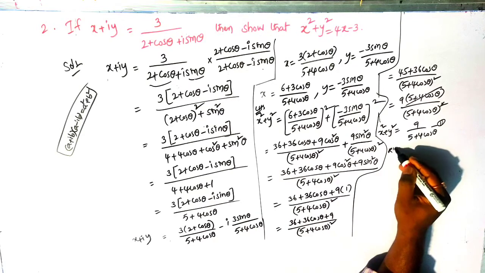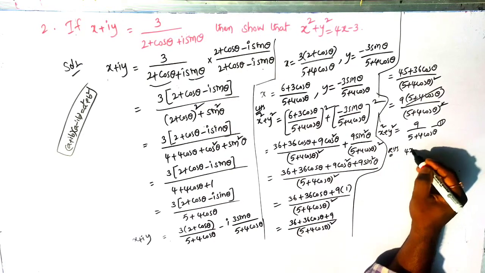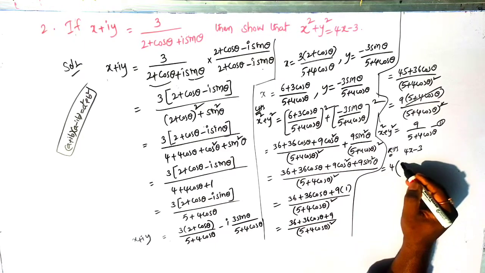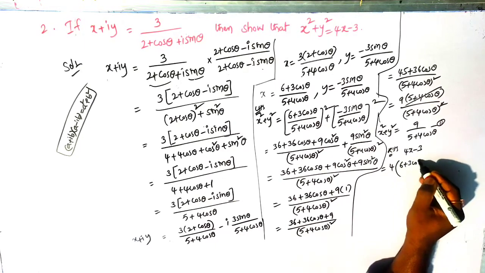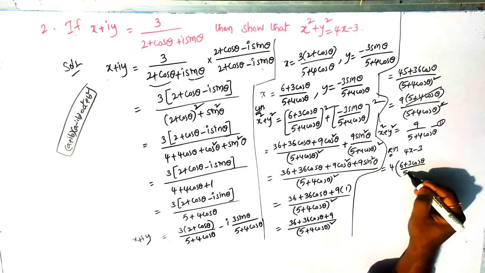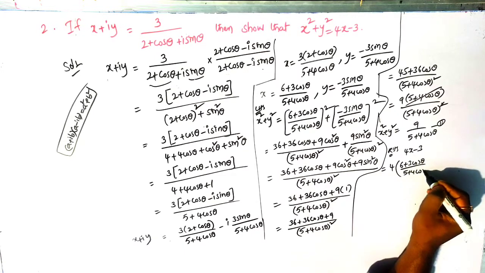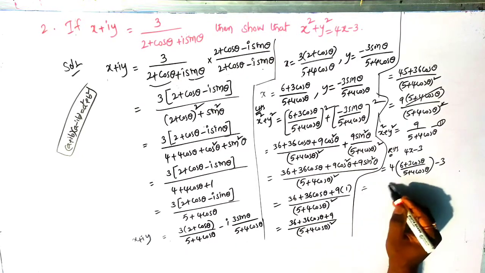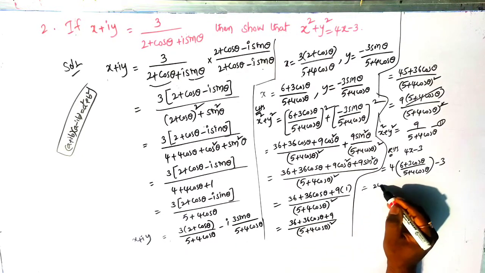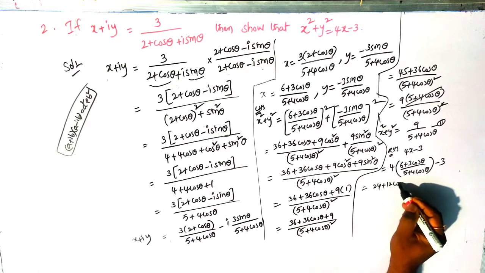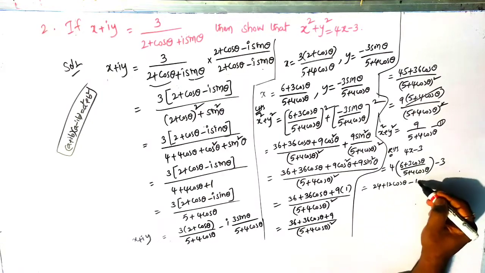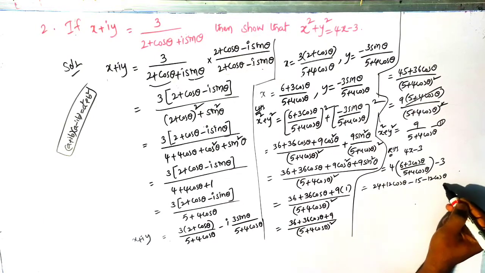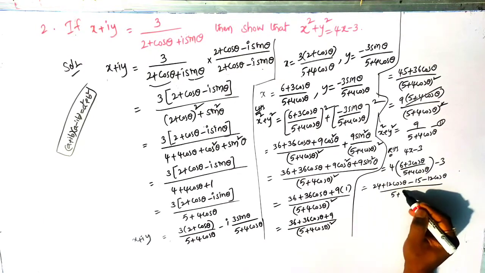Now RHS. So what is RHS here? 4x minus 3 is there. So 4 into x, what is x here? 6 plus 3 cos theta by 5 plus 4 cos theta, minus 3 as it is. So what we get here? 4 times 6 is 24, 4 times 3 is 12 cos theta, minus 3 times 5 is 15, minus 3 times 4 is 12 cos theta, by 5 plus 4 cos theta.